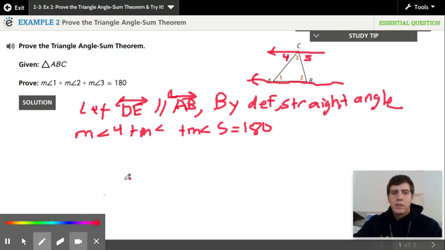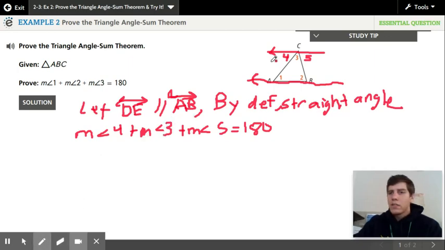A straight angle adds up to 180. If you have angles forming a straight angle, they add up to 180. So angles 4, 3, and 5 add up to 180 degrees here.